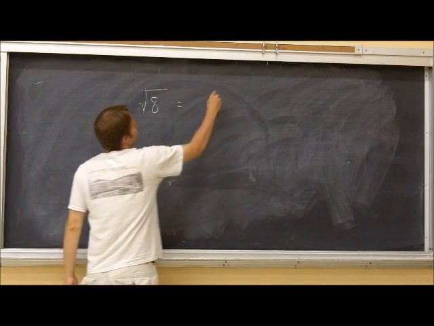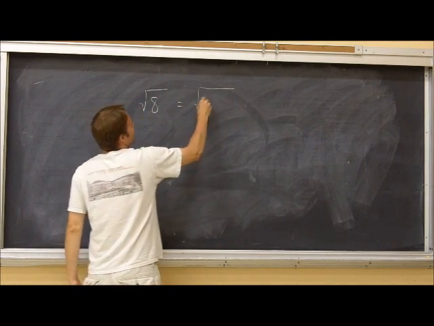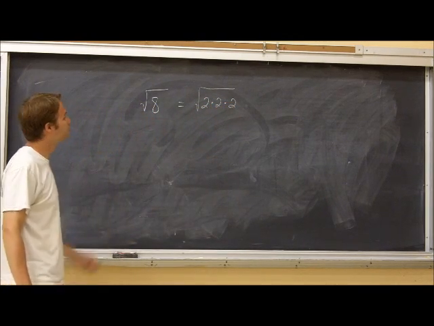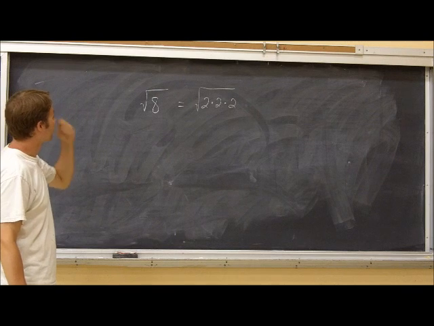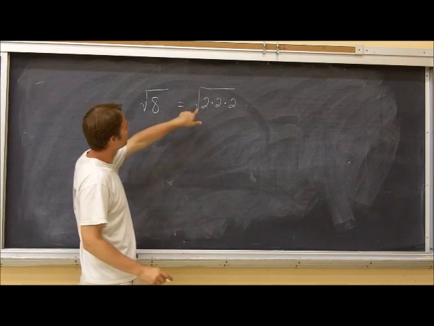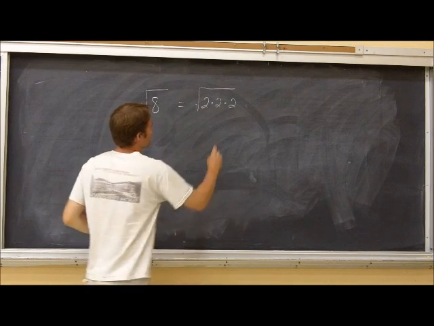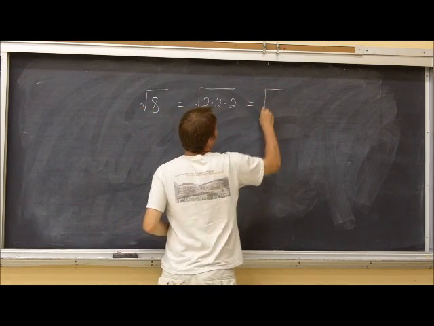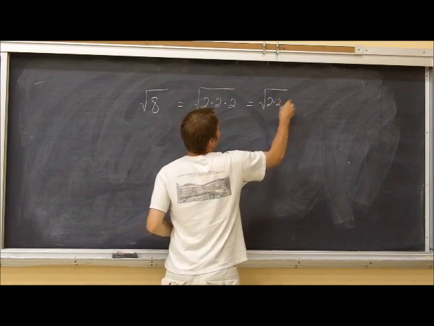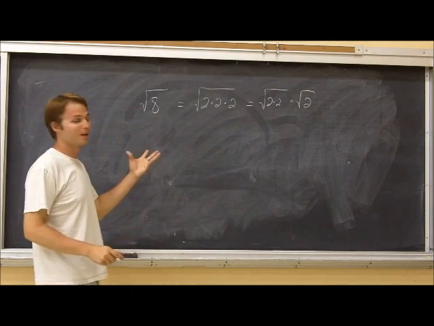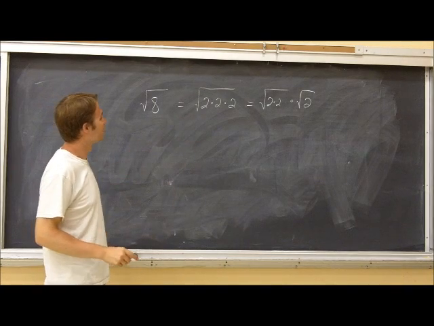So here's what I'm going to do. Instead of 8, I'm thinking of this as 2 times 2 times 2. And in fact, since this is a square root, I know that the square root of 4 is just 2. So I can think of splitting this up into the square root of 2 times 2 times the square root of 2. So I'm splitting up my multiplication under the radical sign.